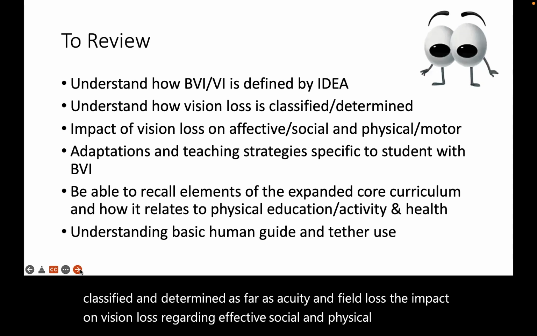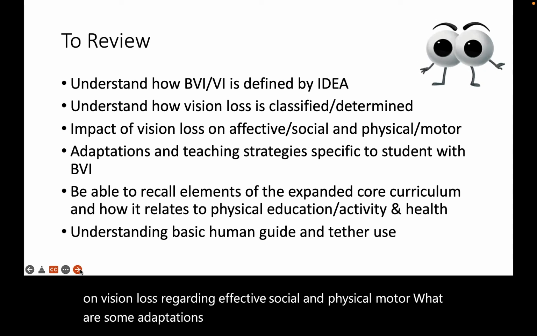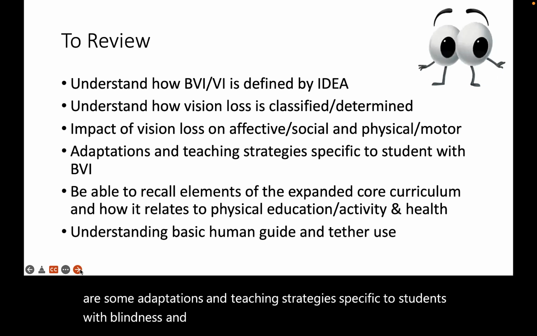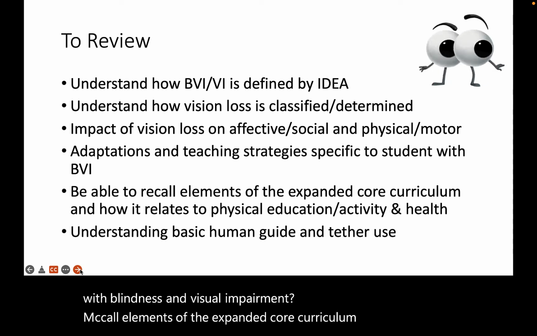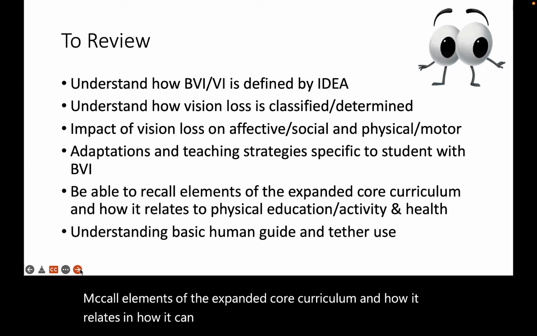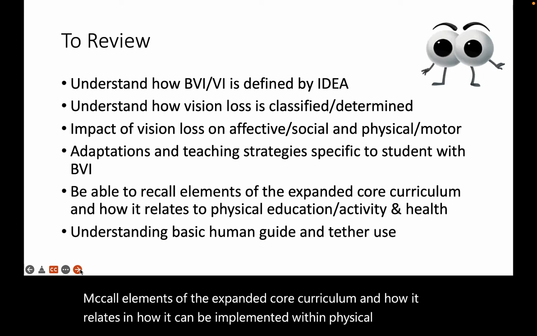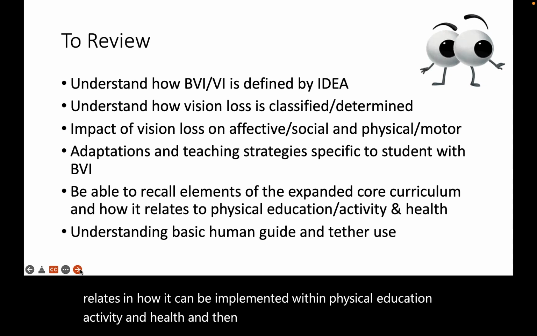What are some adaptations and teaching strategies specific to students with blindness and visual impairment? Recall elements of the expanded core curriculum and how it can be implemented within physical education, activity, and health. And then understand basic human guide and tether use.